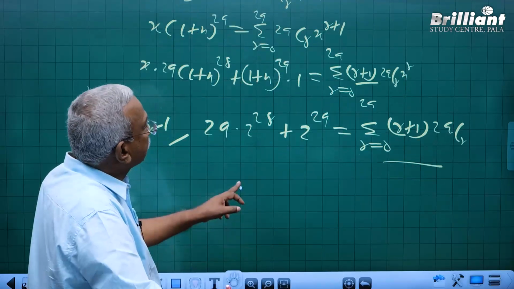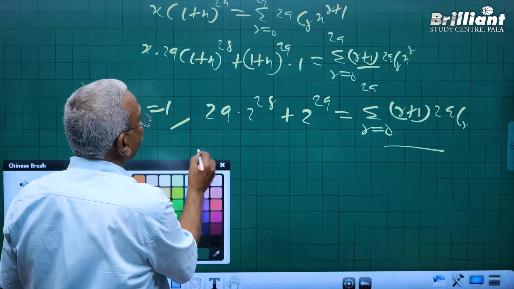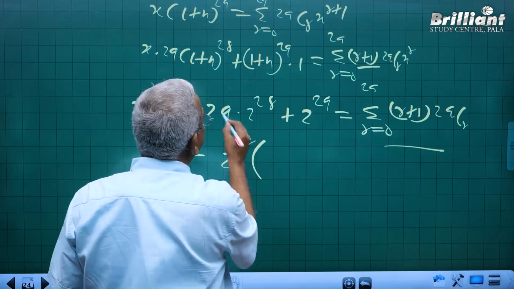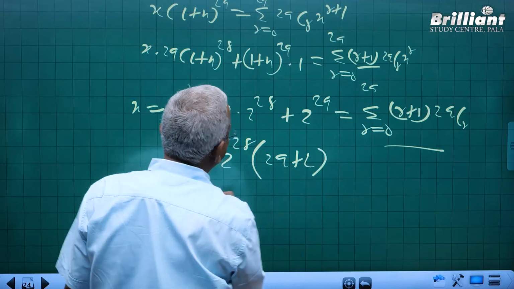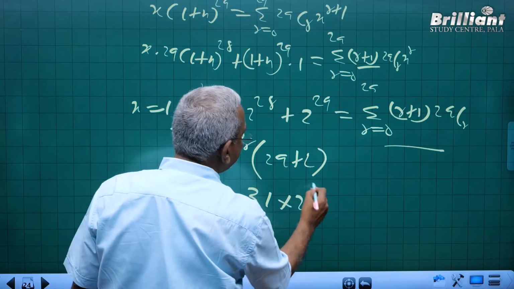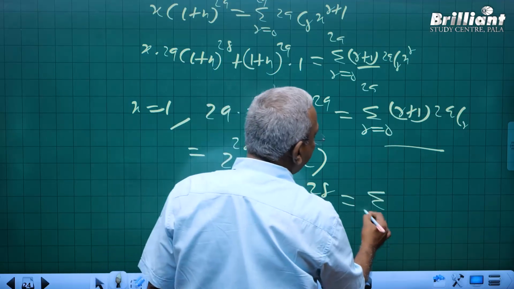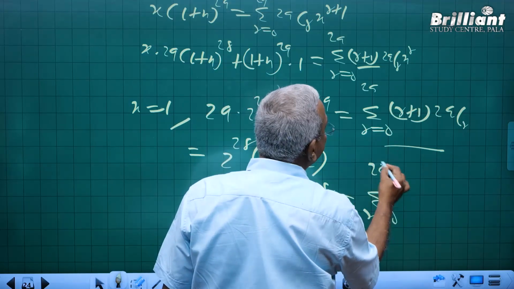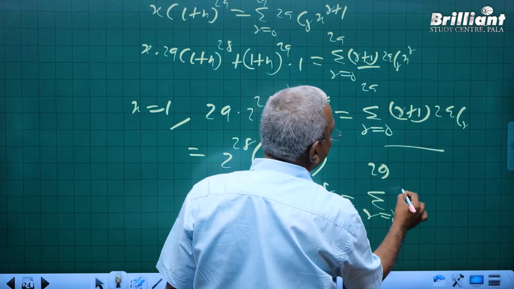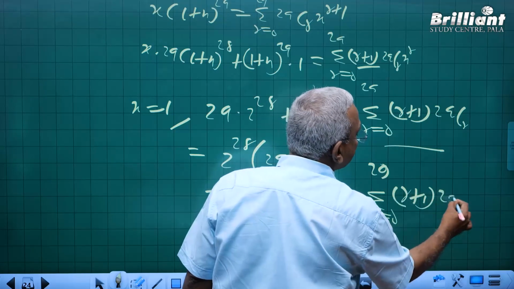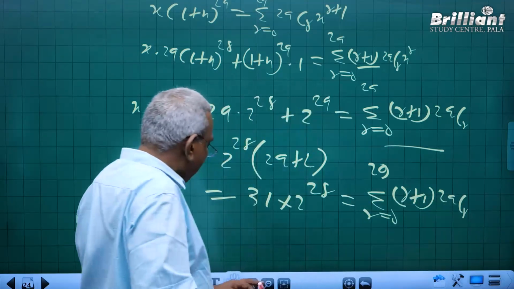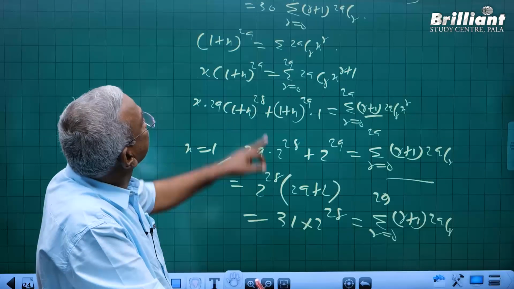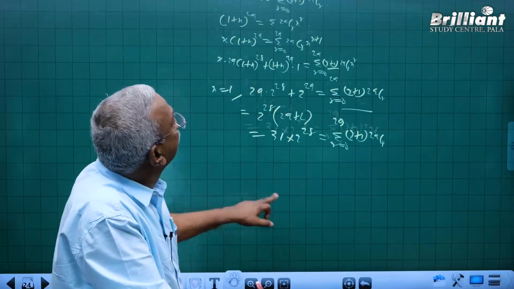We can see this is equal to 2 raised to 28 taken out, that is 29 plus 2. That's equal to 31 into 2 raised to 28 is equal to sigma r is equal to 0 to 29, r plus 1 into 29Cr. Now we can replace this number inside this expression. That's our final answer.